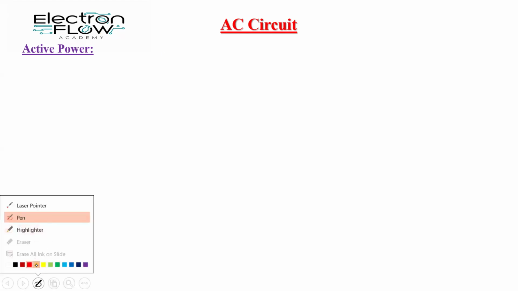Our today's topic is power in AC circuits. Basically, the power in AC circuits is divided into three parts. The first part is known as the active power.